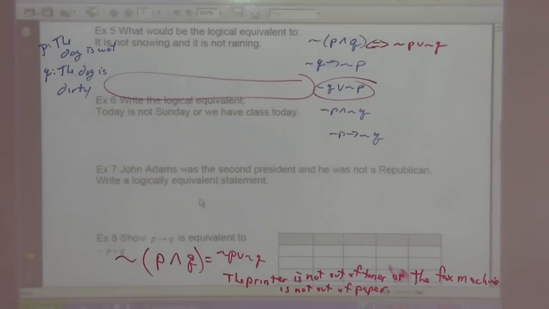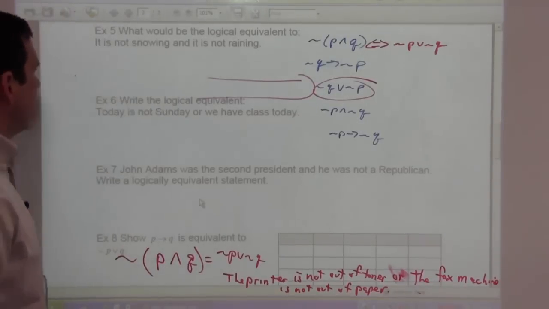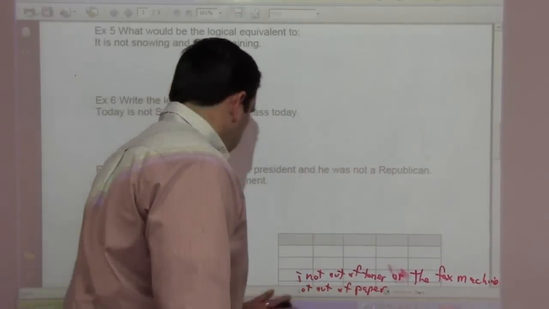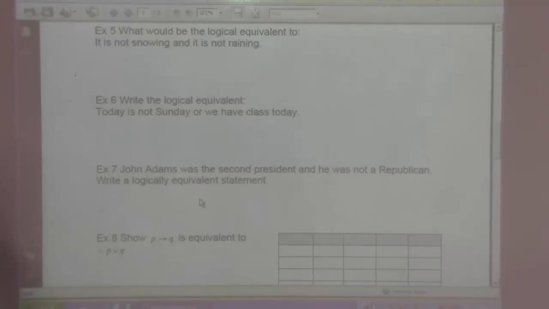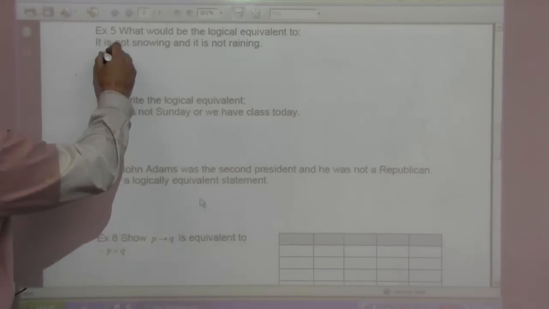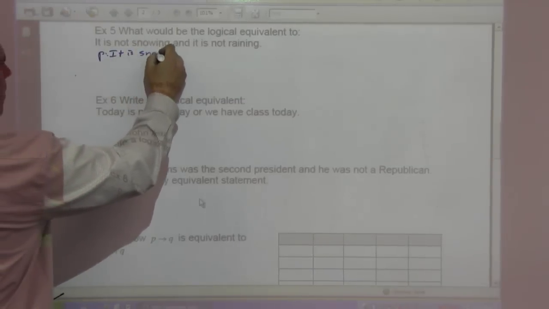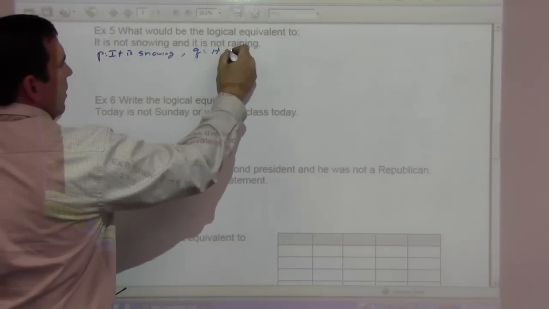Example 5, what would be the logical equivalent to it is not snowing and it is not raining? So we have P, it is snowing. Q, it is raining.